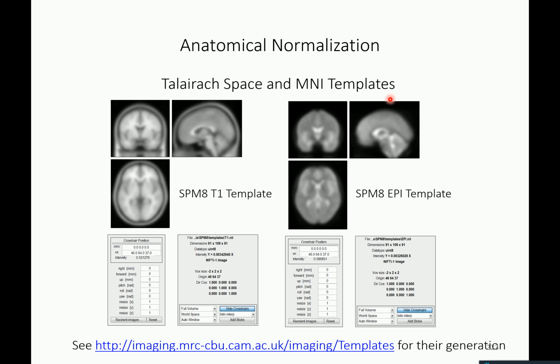One can do that directly using, for example, this SPM8 EPI template. How they were generated, like I just told you the story about these other ones, you can read here. That's interesting, and you learn something. I don't remember what the story behind them is, but essentially they are based on some EPI scans that they did and aligned to T1 images and so on, and in the end they had this EPI template.